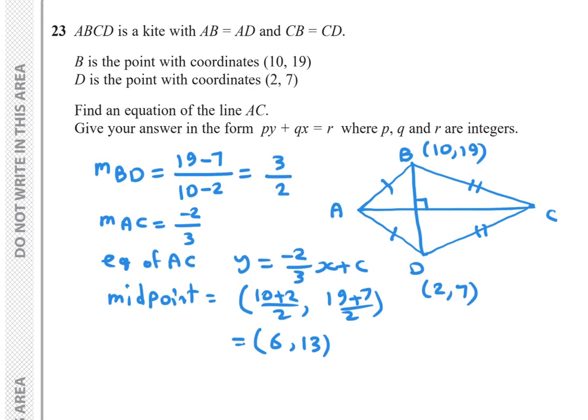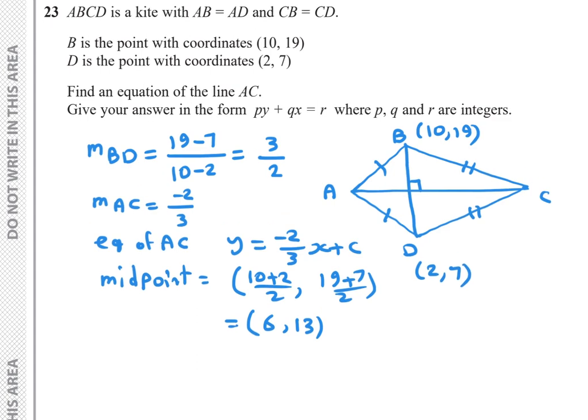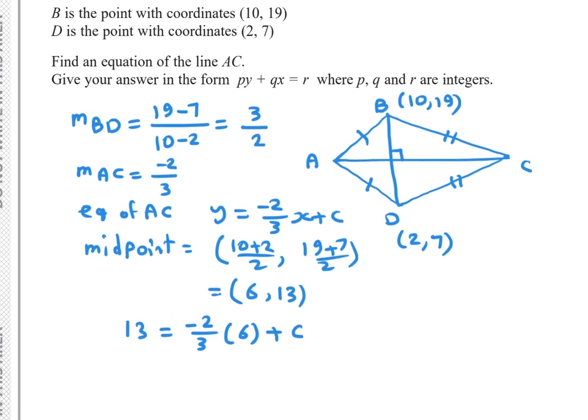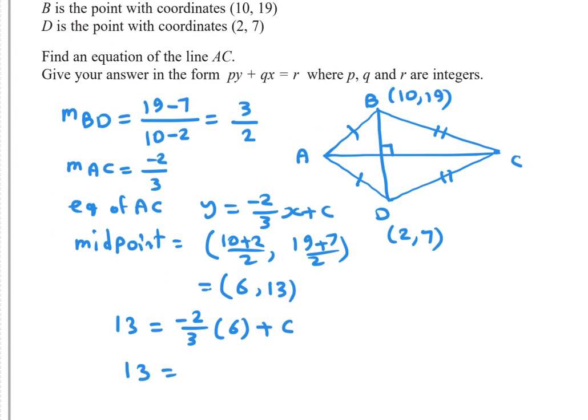So for the equation of line AC, you can substitute the point (6, 13). So 13 equals negative 2 over 3 times 6 plus c. So 13 equals negative 4 plus c. So c equals 17. So the equation of AC is y equals negative 2 over 3 x plus 17.